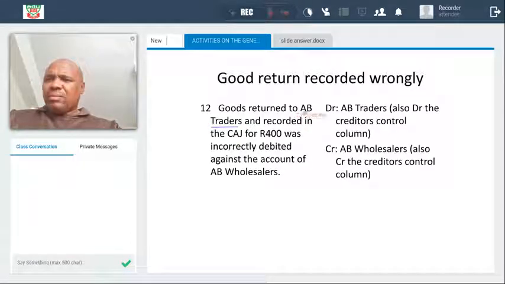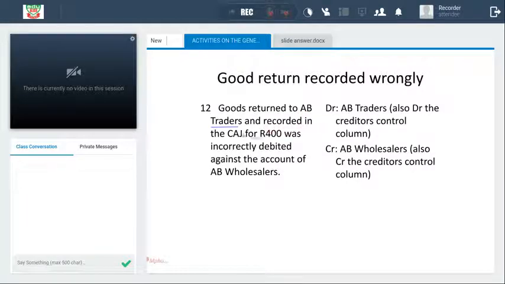Yeah, we are AB traders. So return to us and recorded in the creditors allowance journal for 400 Rand was incorrectly debited against the account of AB wholesaler. Okay, yeah, we return it to AB traders.